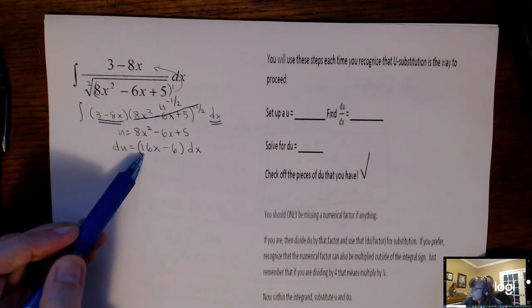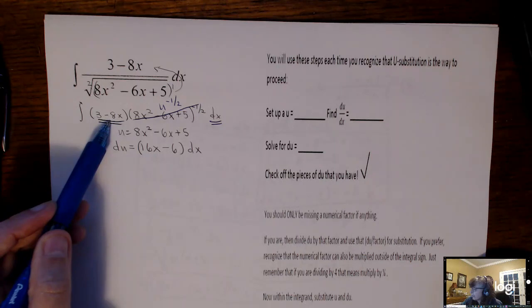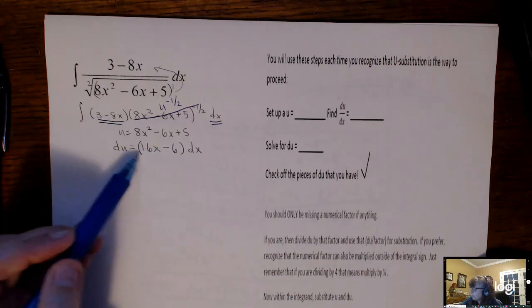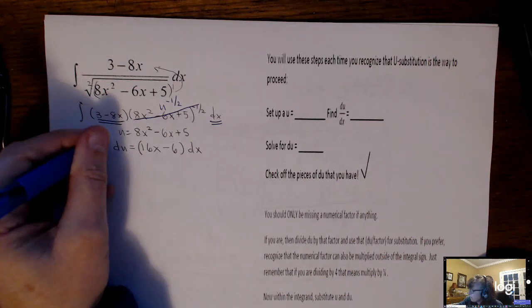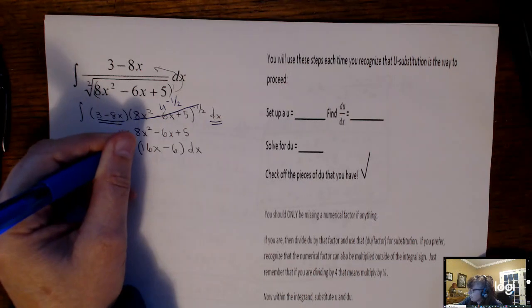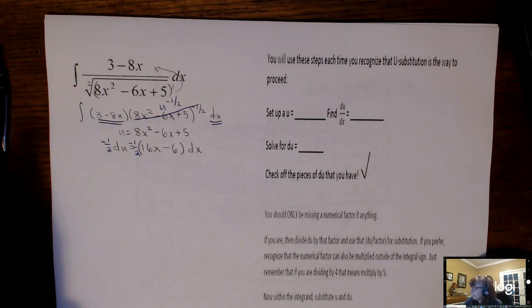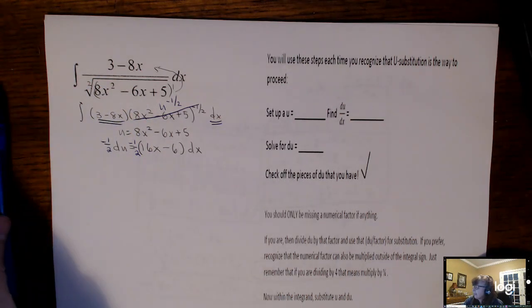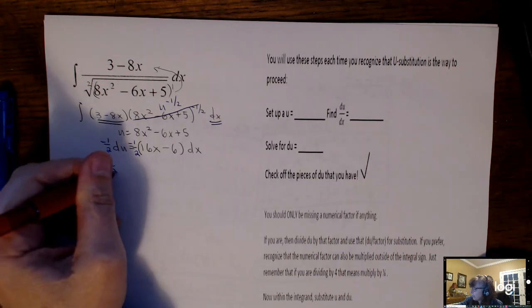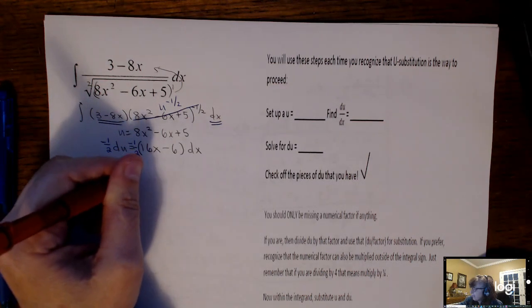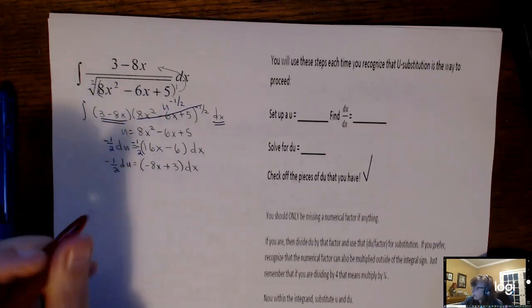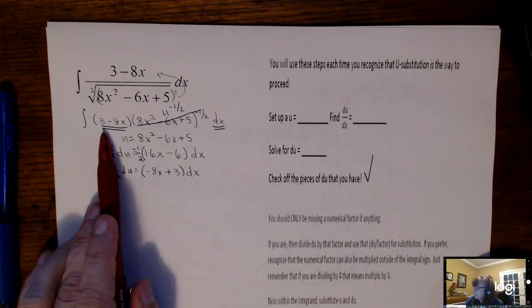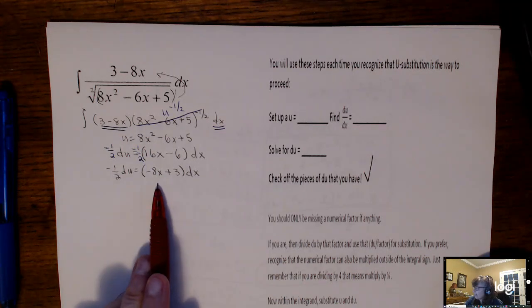So what times 16 would give you negative 8? So if you divided this by negative 2, which is the same as multiplying by negative 1/2, I'm going to multiply both sides by negative 1/2, and that is going to give me negative 1/2 du equals negative 8x plus 3 dx. So now I have 3 minus 8x is the same thing as negative 8x plus 3 dx.